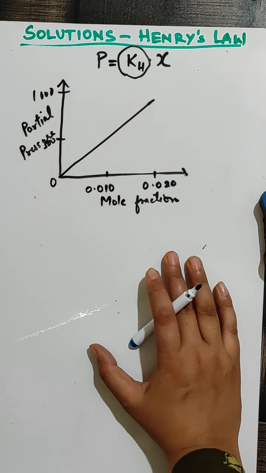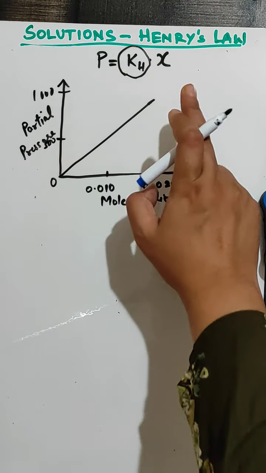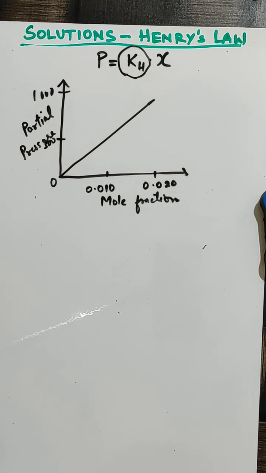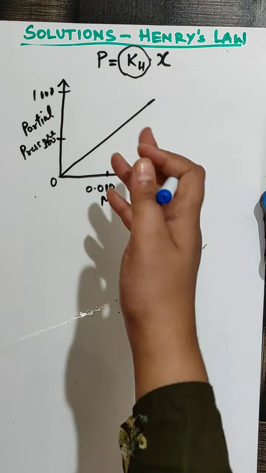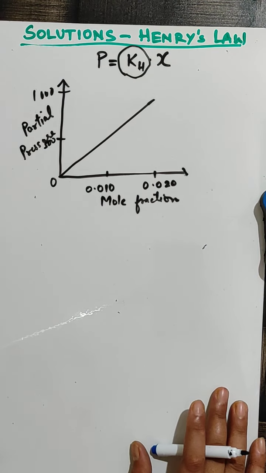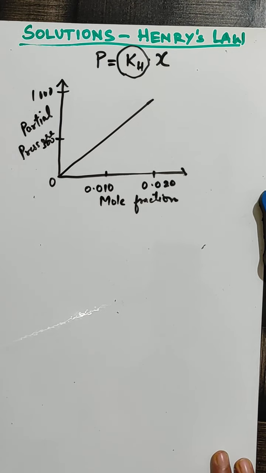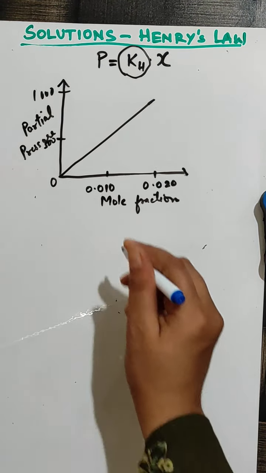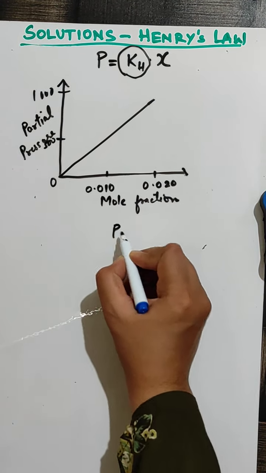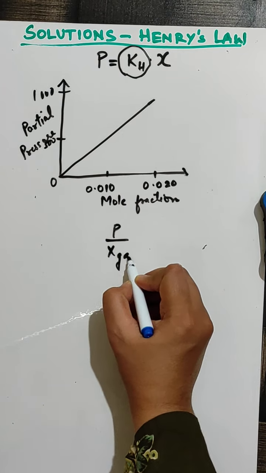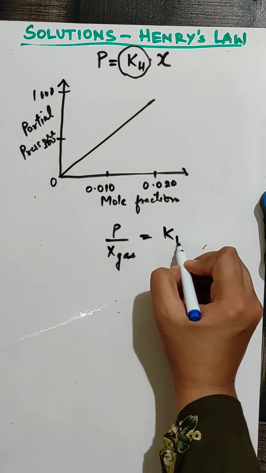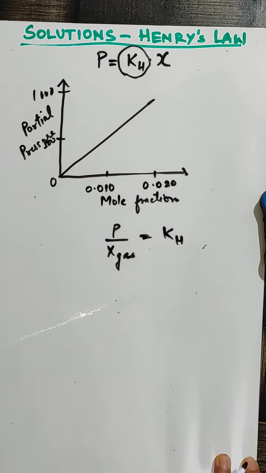You can see that a straight line has been obtained. After calculating the slope, it was found out that P by mole fraction of gas is equal to KH.